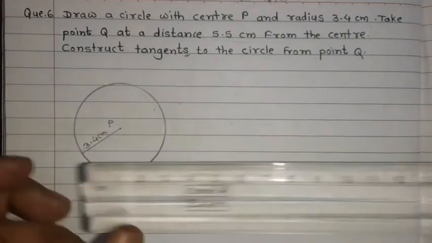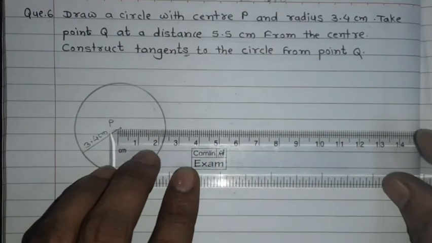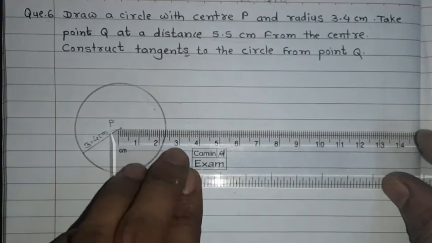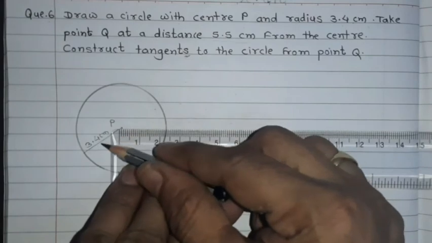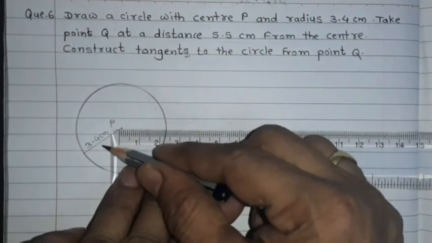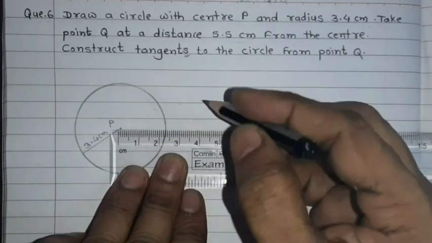And dear student, we have to take a point Q outside the circle which is 5.5 cm from the center. See here, radius is 3.4 cm. That means diameter will be 6.8, and the distance of point Q from the center is less than the diameter.